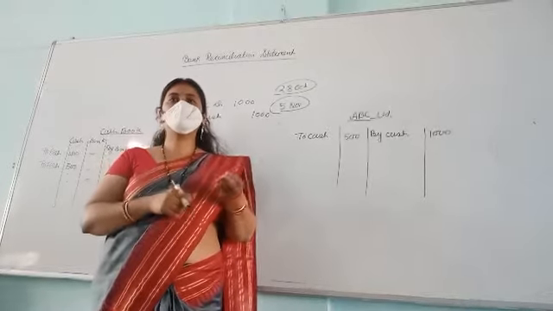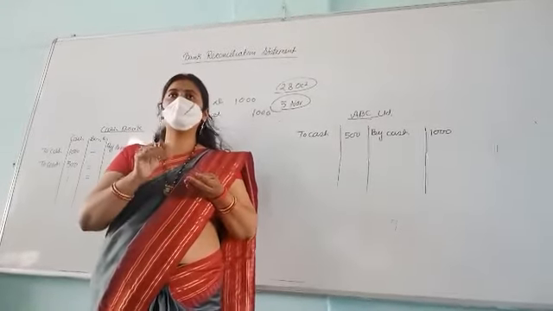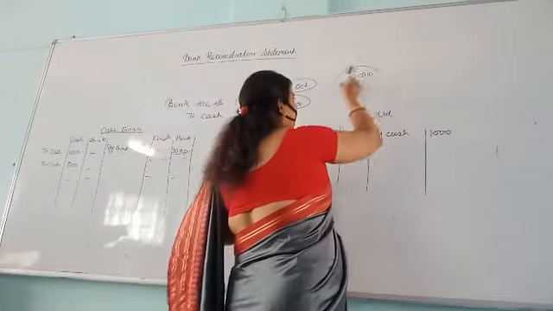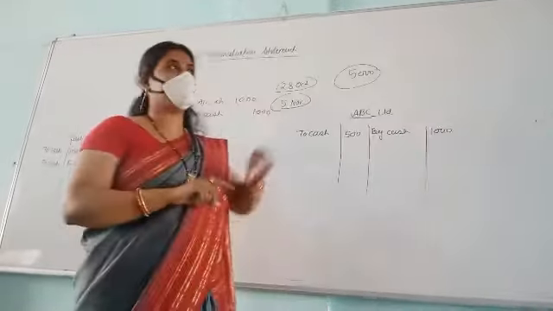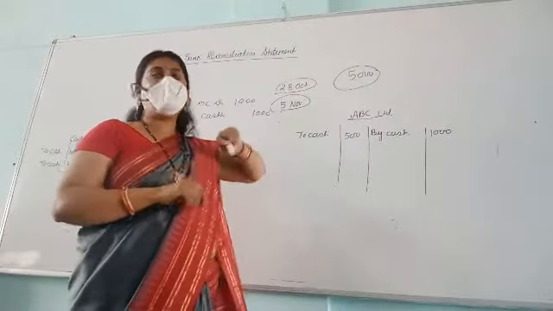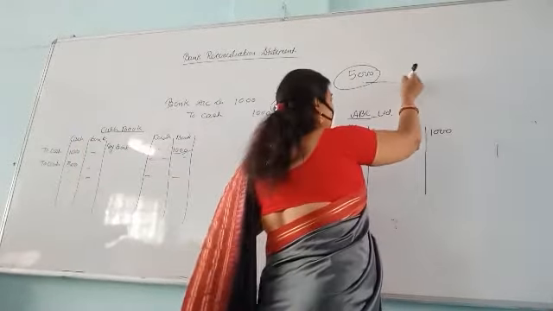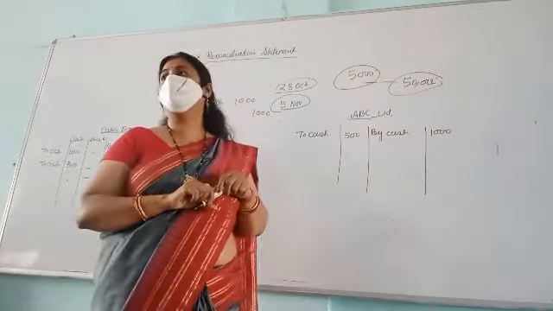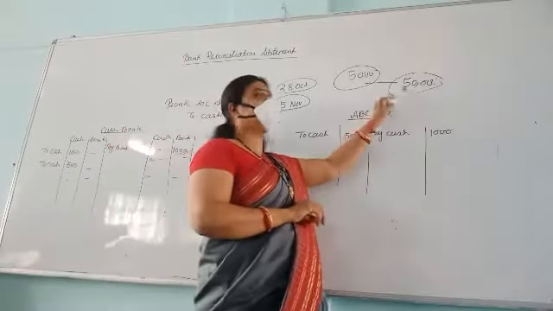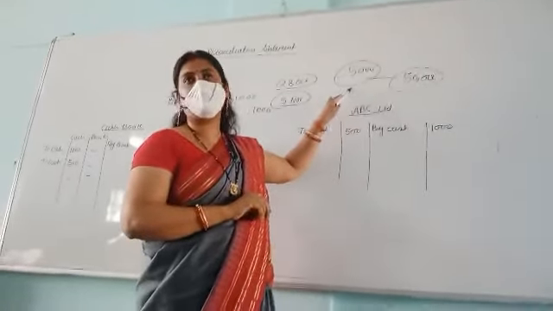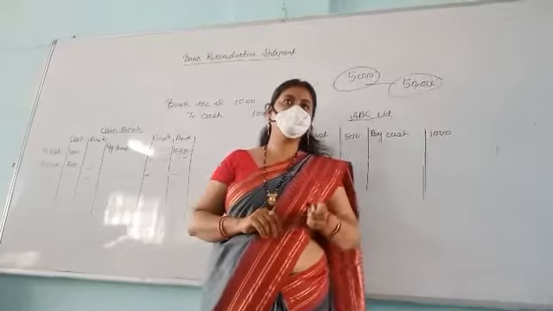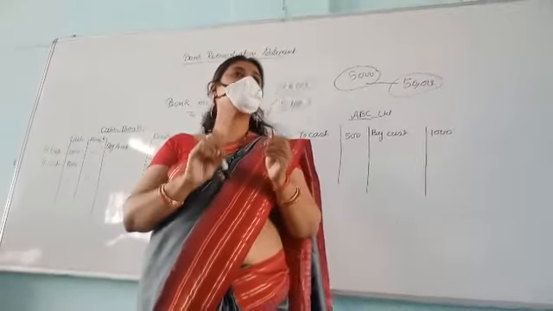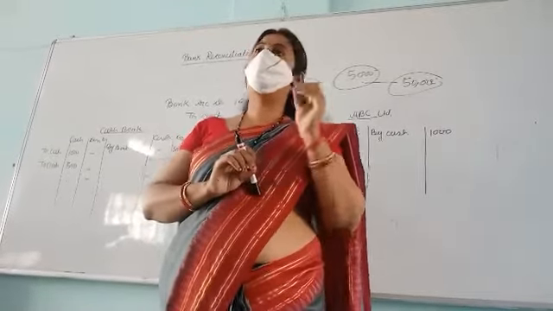Then how can we receive the 1,000? Is it possible? If I have 5,000 in my bank account, then I am eligible to issue a check up to rupees 5,000. If I issue a check for 50,000, my check will be dishonored because I do not have 50,000 in my bank account. A person is eligible to issue a check only up to the amount he has in his bank account.